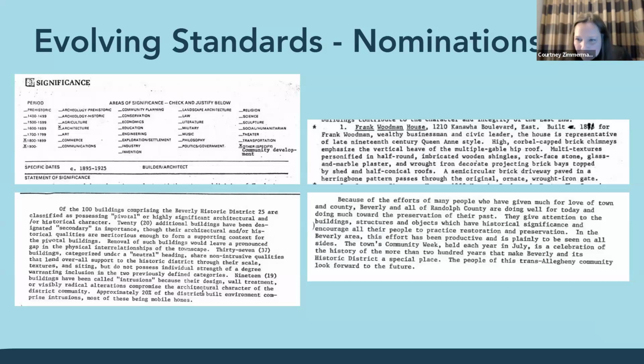And a lot of them again have kind of personal information and opinions in them, and we really try to make our evaluations as fact-based as we possibly can and follow the criteria and the guidance by the National Park Service. Next.